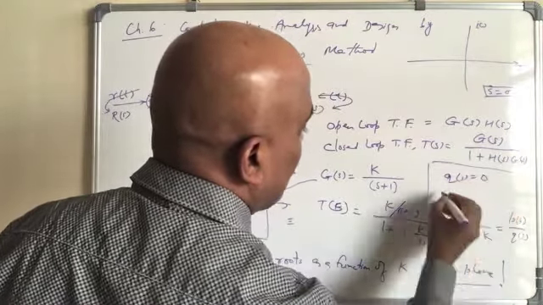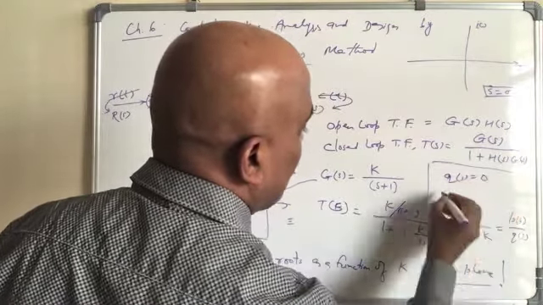This one is the root when K equal to 0. Either you can do it like that, or you can say for the open loop, look at this one.